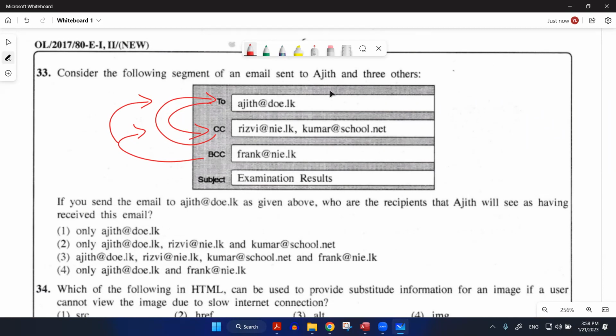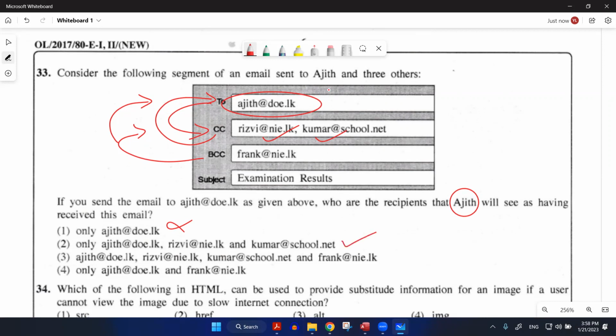So they are asking who are the recipients that Ajit will see as having received this email? They're asking which email addresses Ajit can view. So Ajit is the main recipient, so he can view these two only, not Frank. Right? So not only Ajit, only Ajit, Rizvi and Kumar.